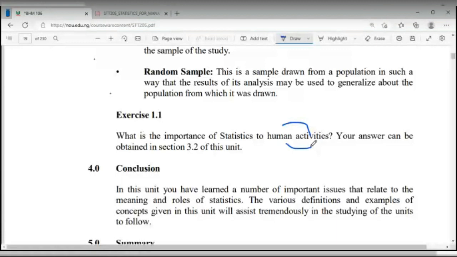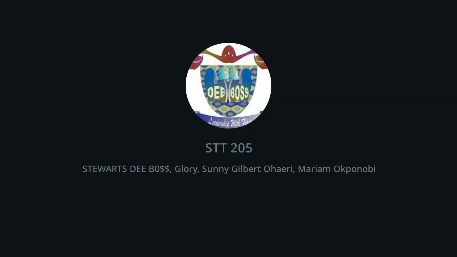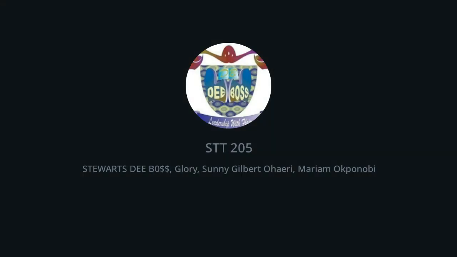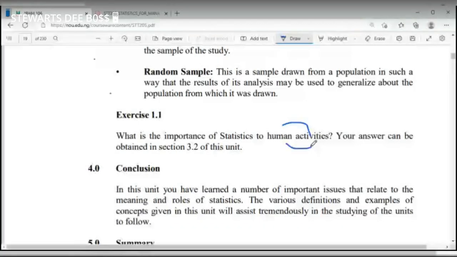That's a statistic. Now, statistics is the act, the science, of gathering those figures together, working on them, processing them, analyzing them, so that they can be used to take decisions.